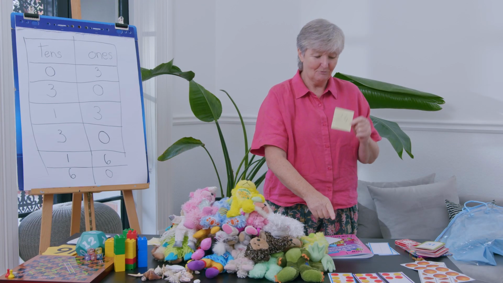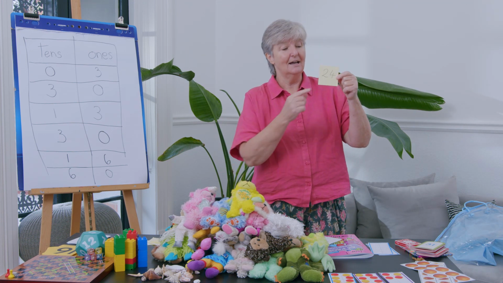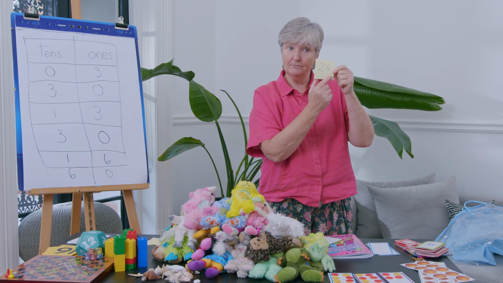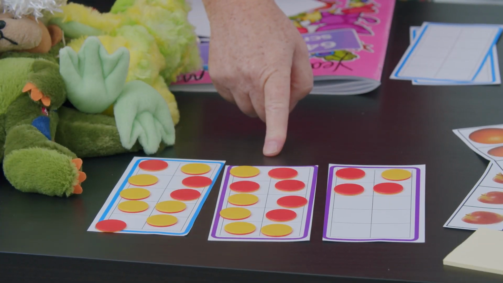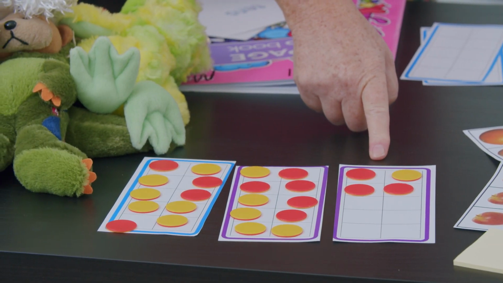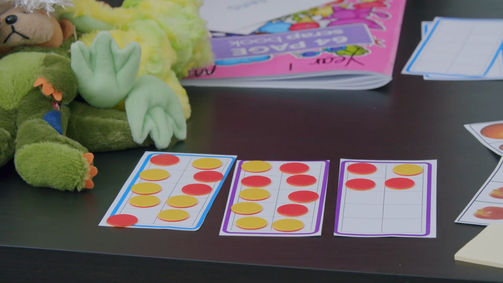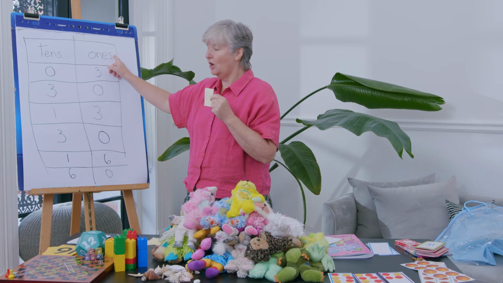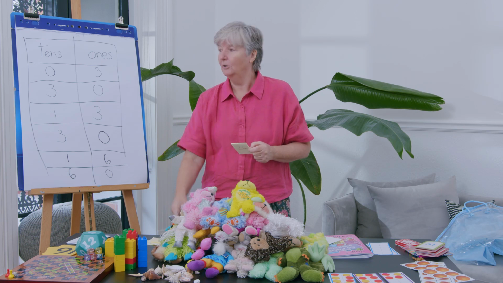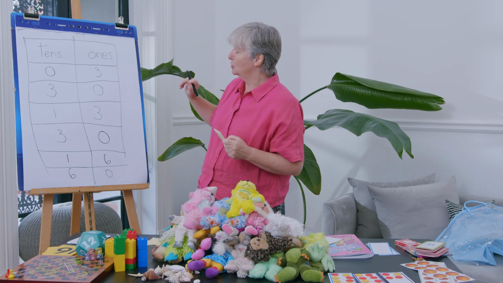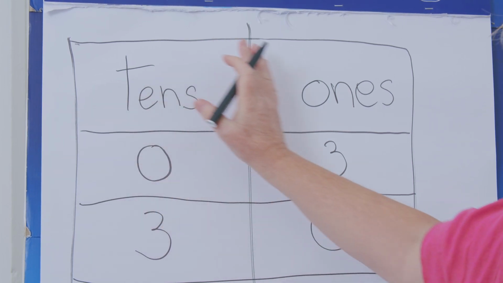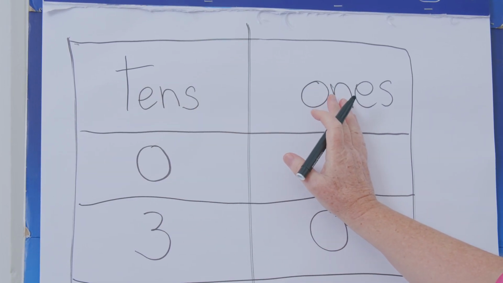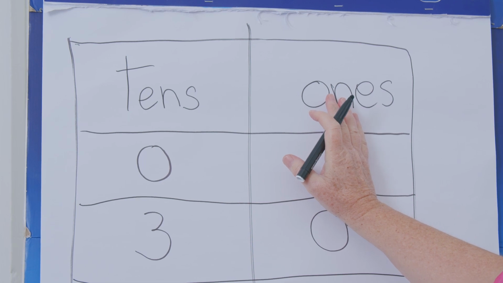24. We can represent the teddies by the number 24. We can represent them on 2 10s frames and 1 more with 4 1s. We can write it into a 10s and 1s chart. How would we do that? We have to write a 2 in the 10s column and a 4 in the 1s column. 24.